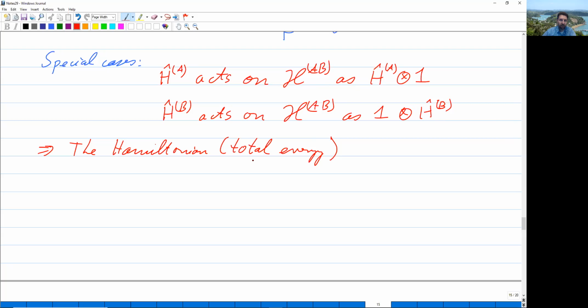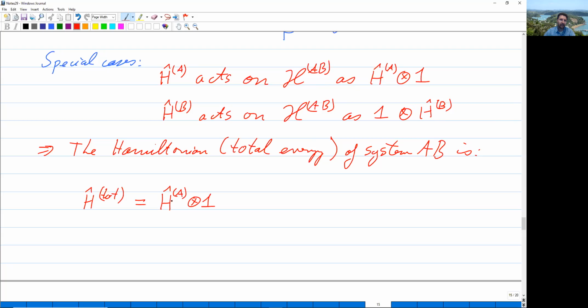So now the Hamiltonian, that is to say the total energy of system AB, is, well, what is it? H hat total, which is an operator that acts on the Hilbert space of the total system, is the Hamiltonian of the first subsystem, tensor the identity, right?